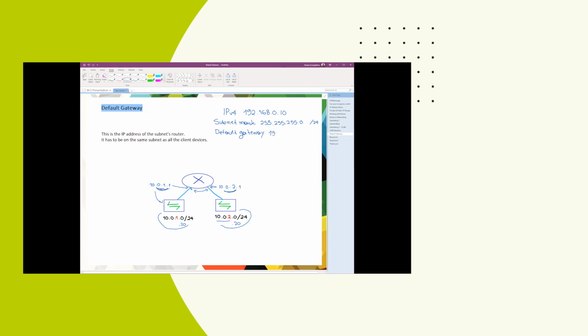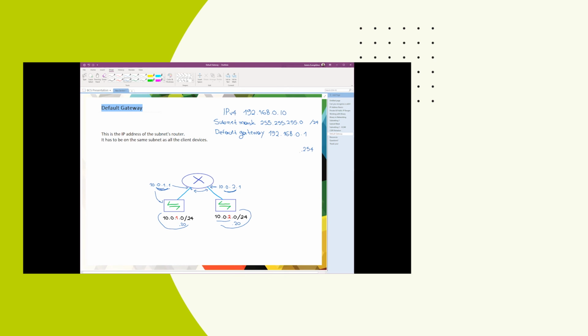It's going to be 192 because I need to be on the same subnet. Yes, Gary, 192.168.0.1. It doesn't necessarily have to be the one, but it's usually number one. It might be the last one, so the last one is 254.